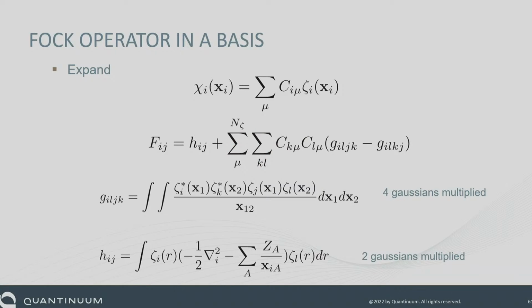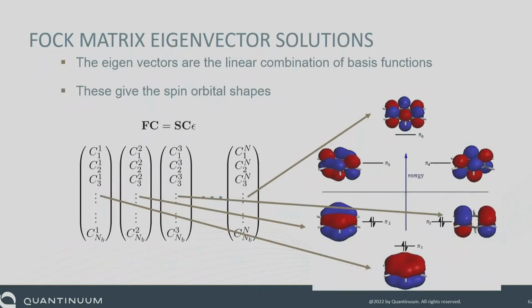So really importantly, the Fock operator has orbital parameters inside of it in the basis expansion. Now you can see why that would be nonlinear, because you solve F, which has C in it, to get C. So you still have to start looping around.